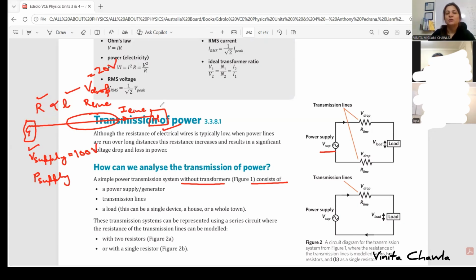What voltage are we going to get at a home or across the load? If we are supplying 100 volt and this 20 volt gets wasted while moving from the generator through the transmission line, then the voltage that we get across the load would be 80 volt.